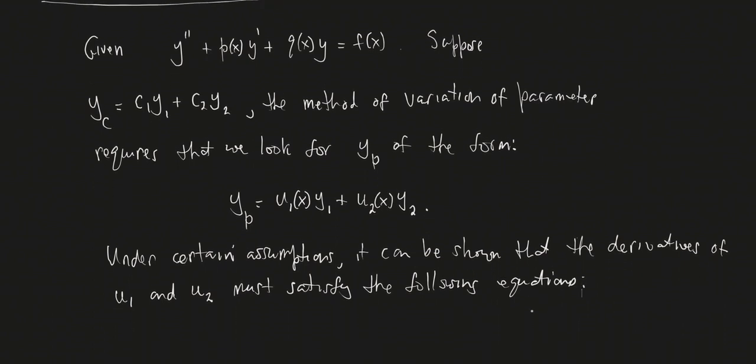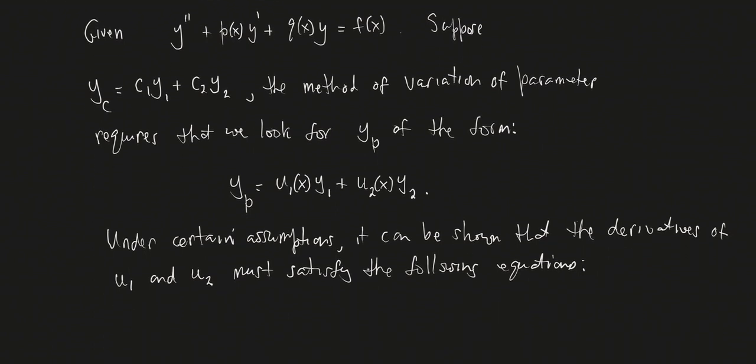So what does it have to satisfy? Well, let me write down the two equations. The first equation is this: u1 prime times y1 plus u2 prime times y2 must be equal to 0, right? So the derivative of this magical function u1 times y1 plus the derivative of the other magical function u2 times y2 must be equal to 0.